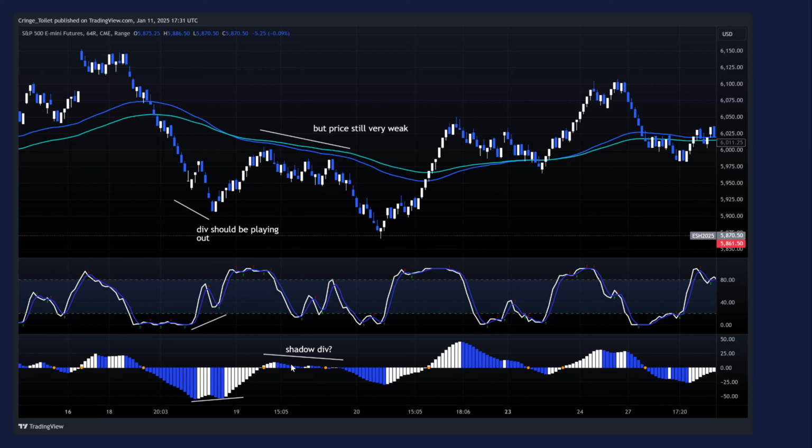We can see that the AO makes a high and then a lower high, and then some very weak crossing, just like a lot of weakness after that. We could consider the first 2 points to be a shadow div. Really, it's telling us that the AO is not pushing bullishly very strongly.